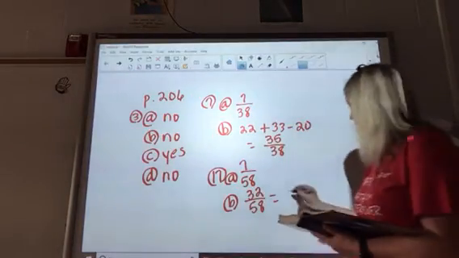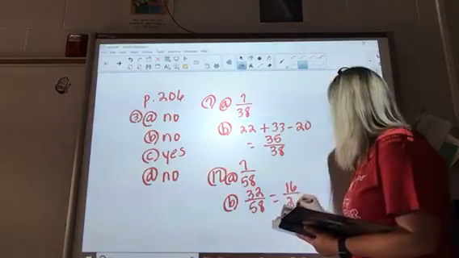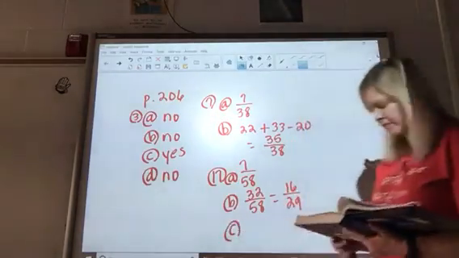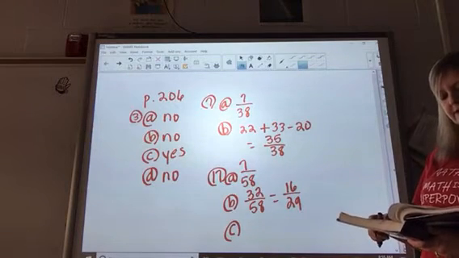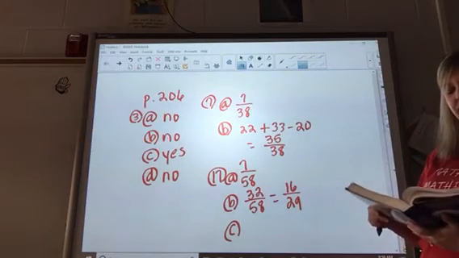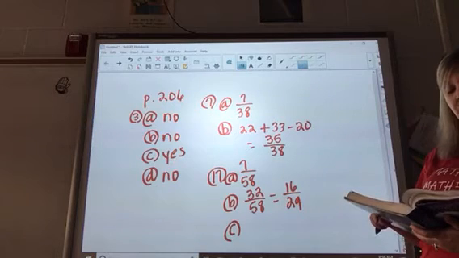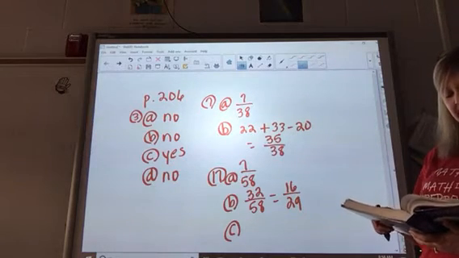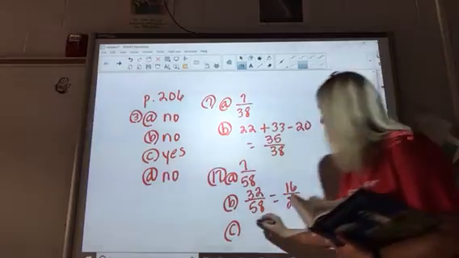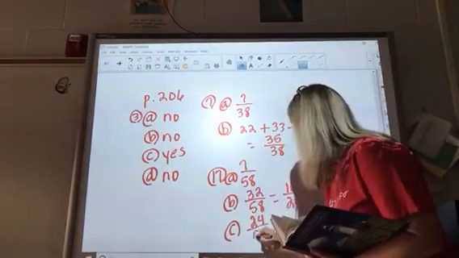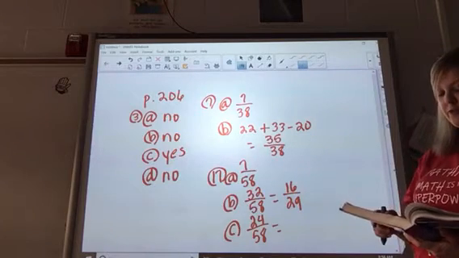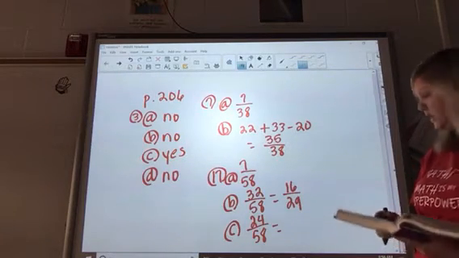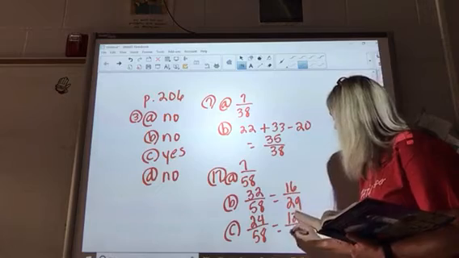We reduce that into 16 over 29. Okay, and C says that is a sophomore and favors the issue. That means that they're a sophomore that said yes, and there's 24 of those. So and means that it's going to be somebody that does both. They fit both categories, and that reduces to 12 29s.